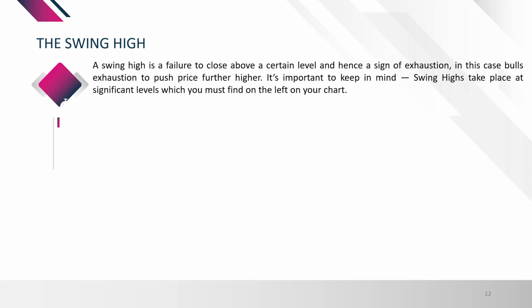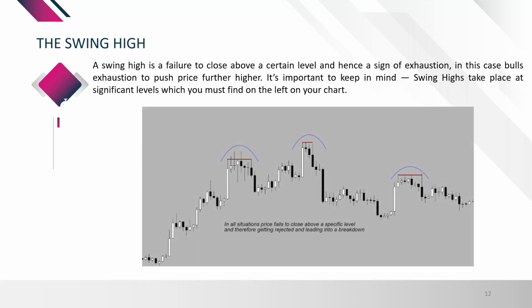So what is a swing high? A swing high is a failure to close above a certain price level and hence a sign of exhaustion or a sign of overbought. In this case, bulls are exhausted and unable to push price further higher. It's important to keep in mind swing highs take place at significant levels, which you must find on the left of the chart.